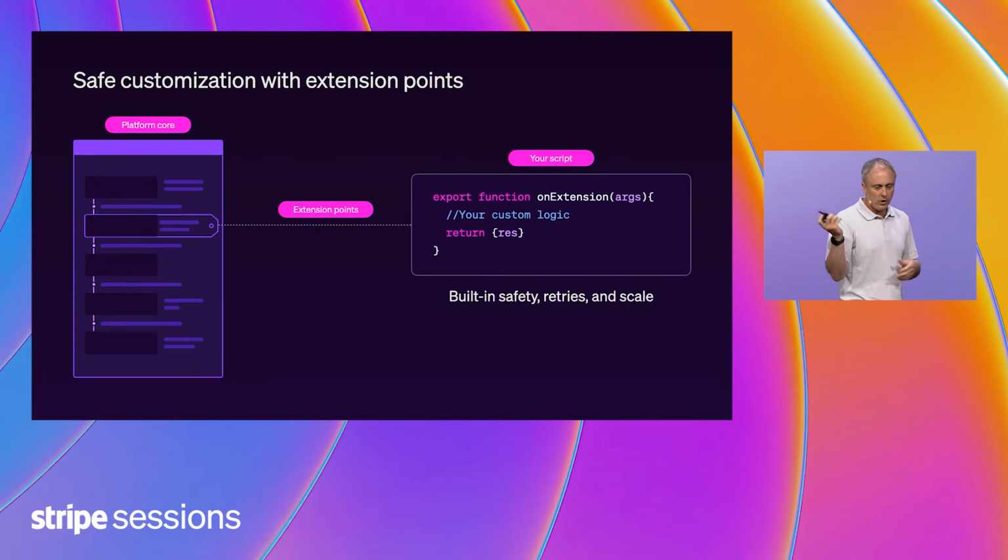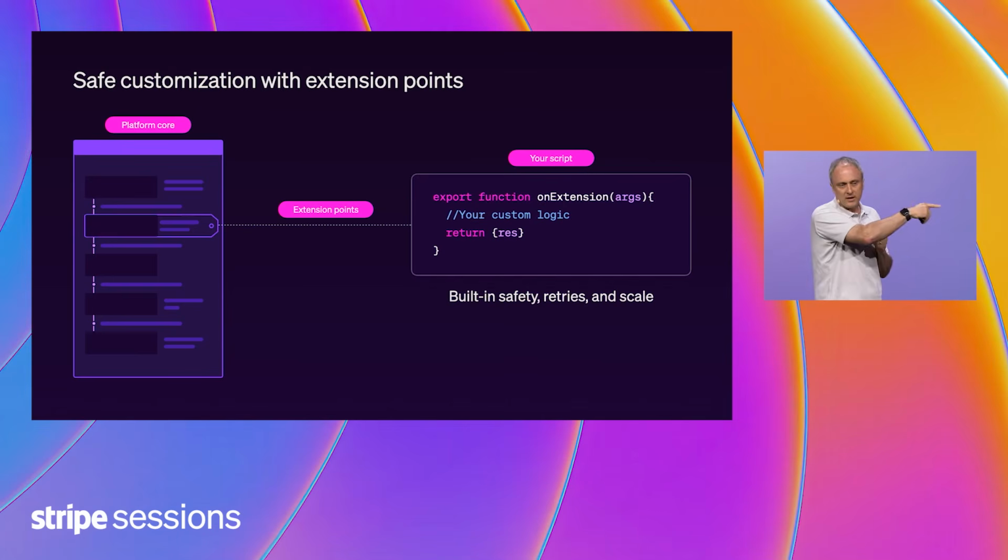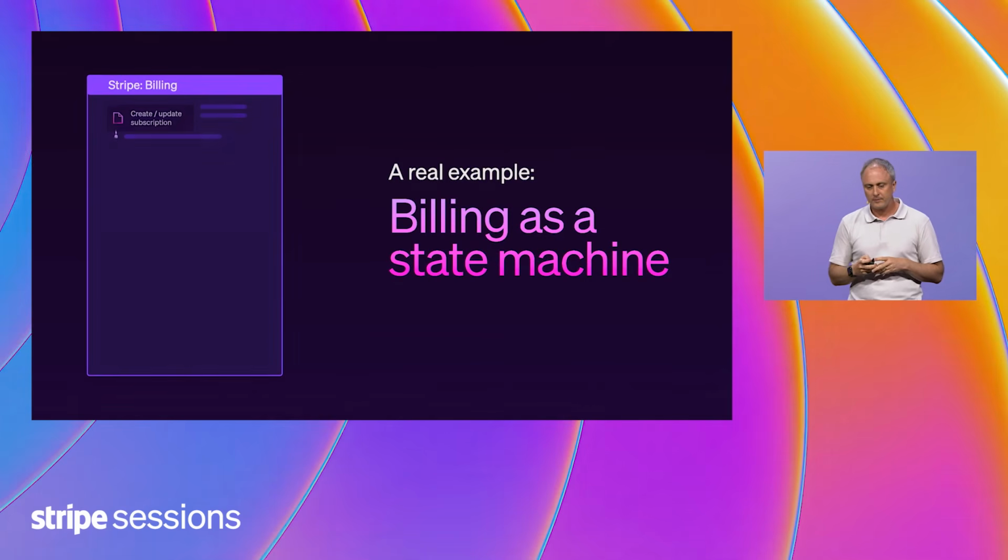You could call them hooks in other systems, that allow you to hook your code in to that particular point, narrowly scoped, receiving the context of that payload at that point. The platform calls out, runs your code in Stripe in response to that extension point, and then your extension calls back and returns the result, and the platform continues.